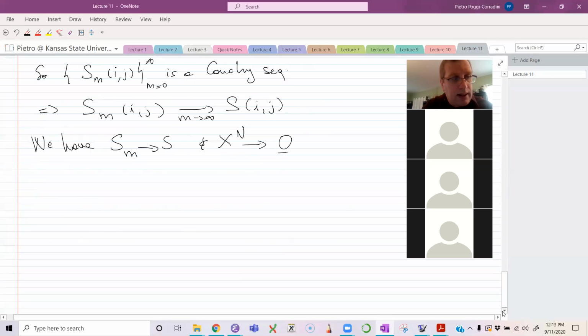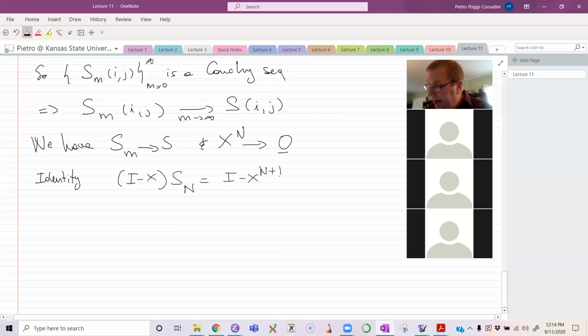So we can take our identity, which was (I minus X) times S_n equal to I minus X^(n+1).